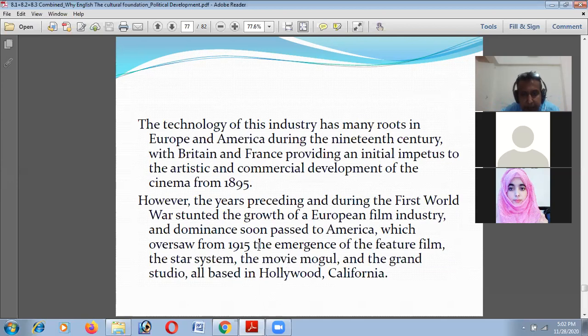In 1915, there was the emergence of the feature film, the Star System, the Movie Mogul, the Grand Studio, all based in Hollywood, California. So the history of cinema goes back to Hollywood, California. And in 1955, they started making feature films and movies.